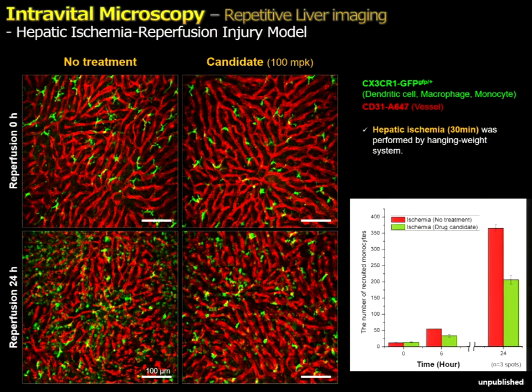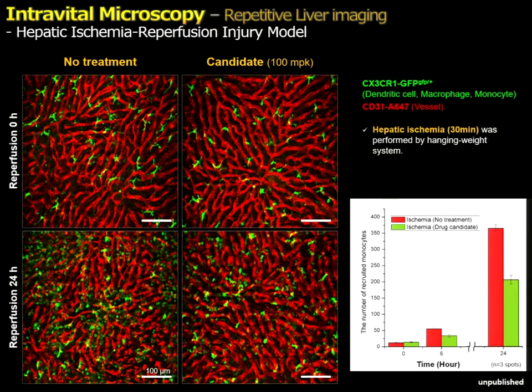And this is one drug testing data, actually. We injected some candidate drugs, and this candidate drug very effectively reduced this monocyte infiltration to the injured liver tissue. Later, it gives a better outcome in the recovery process.